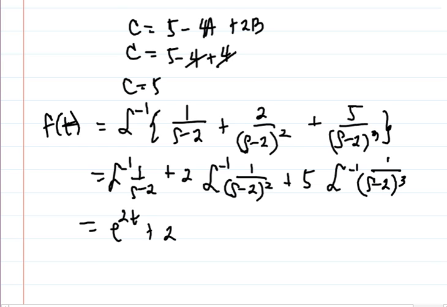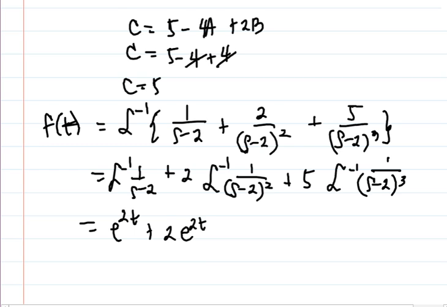Then, since we have no shift in the Laplace transform, automatically this will be 1 all over s squared, but we will have the first shifting. This means we have the first shifting e raised to 2t.